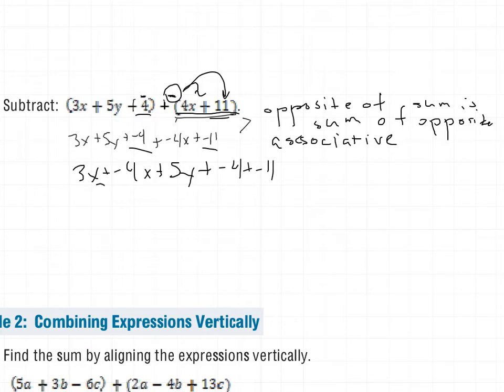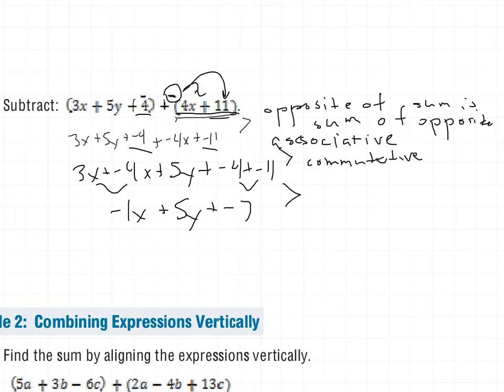And so when I add these two together, that's going to give me negative 1x plus 5y plus, when I add these two together, negative 7. I have no other like terms I can combine. So again, thinking about proving this step here was the commutative property. And here we combined like terms.